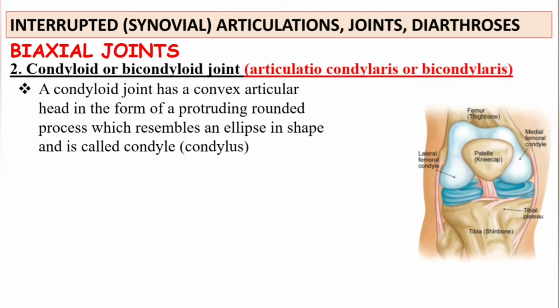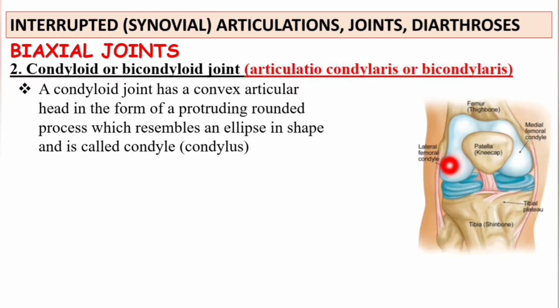We'll talk about the bones of the lower limb later, but for now, on the distal end of the femur there are two condyles, the lateral femoral condyle and the medial one.